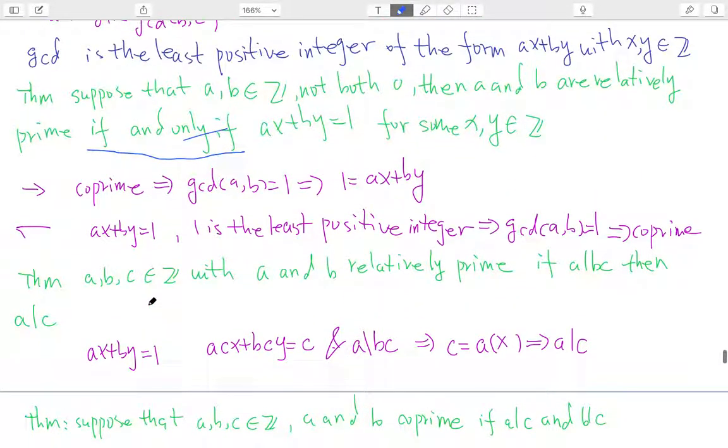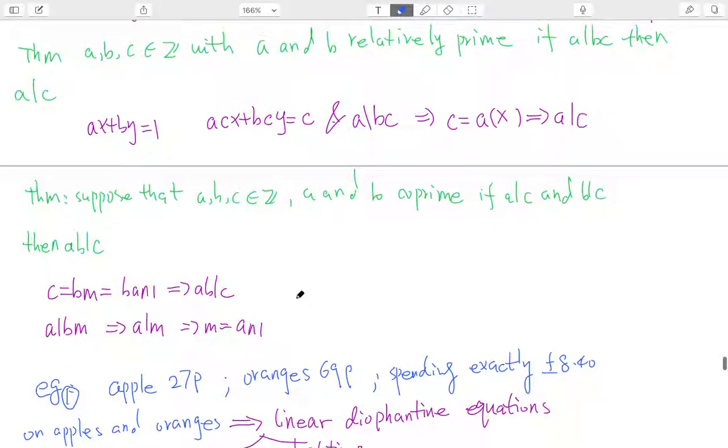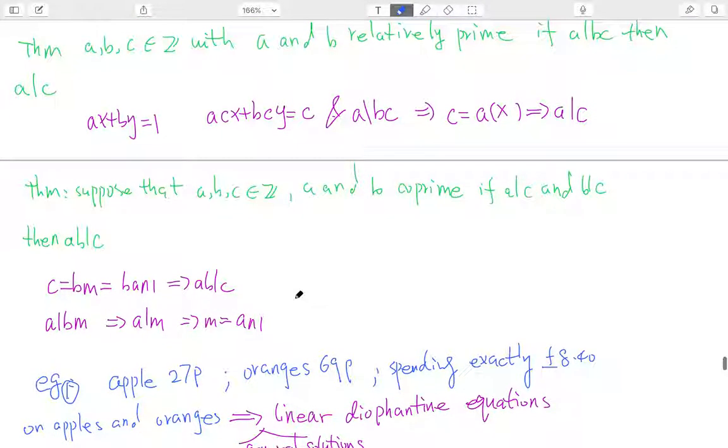Okay, here are some basic theorems related to the greatest common divisor. And I would like to talk about one more example, which is also related to the greatest common divisor of two elements. So let's suppose that you need to go to a supermarket to buy two kinds of fruits, apples and oranges.